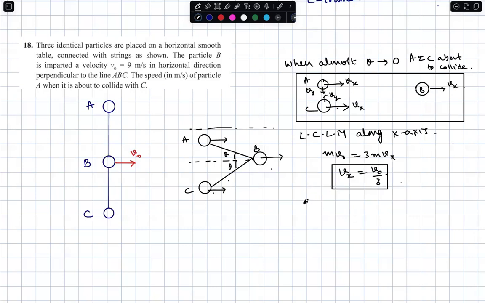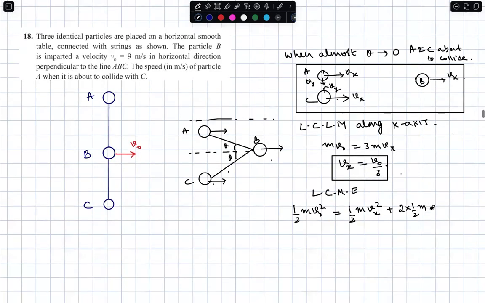Now, law of conservation of mechanical energy. Initially, total energy is kinetic. Finally, half mvx square, 2 times half m into vx square plus vy square.